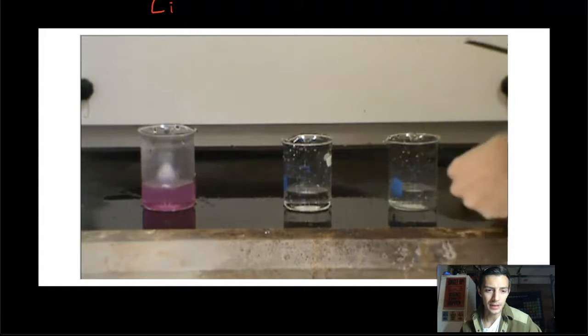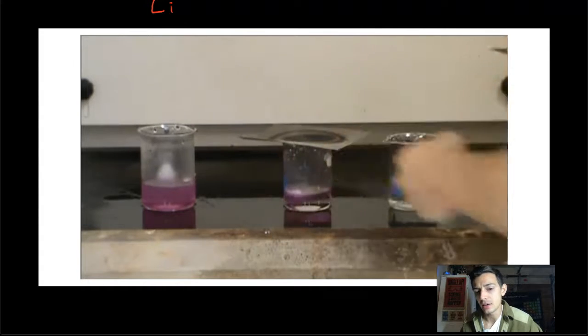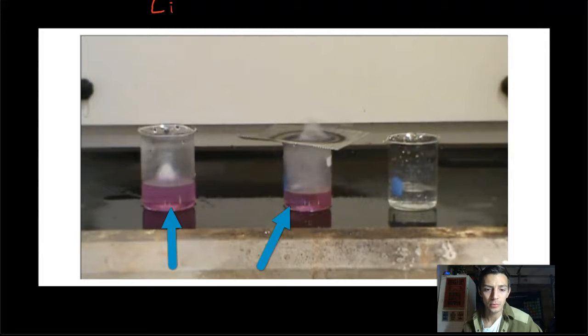They've also, I think, added an indicator which doesn't affect the chemical properties of the water or the reaction that the metal has with it, to show that there's a reaction taking place and it's changing the acidity of the water. But that's not the biggest part of the reaction.